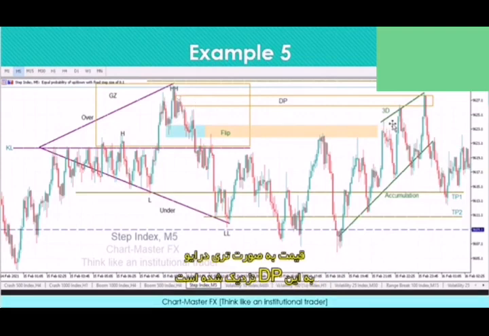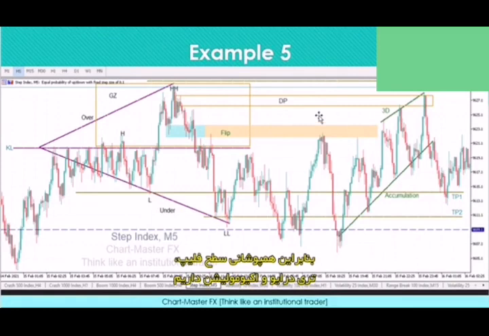We see that as the price was approaching this decision point, it approached it in a 3 drive. And also, guys, you can see that there was accumulation here. So guys, this is a confluence. We have an accumulation with a flippy, we have a 3D.